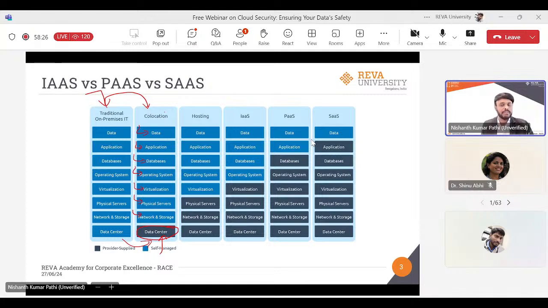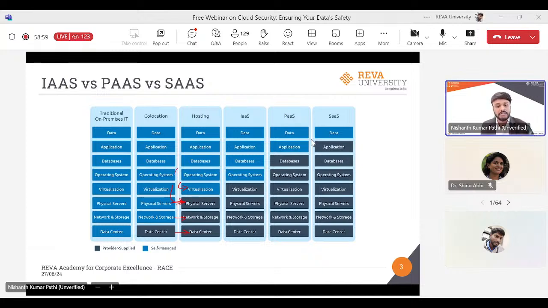Then we slowly moved on from the colocation model to the hosting model. In a typical hosting model, the physical data center, the components like network devices, routers, switches, cabling, storage devices, and the physical servers are typically maintained by the hosting provider. And we log into the direct bare metal server. On top of that bare metal server, we typically put our hypervisors like VMware or Citrix.